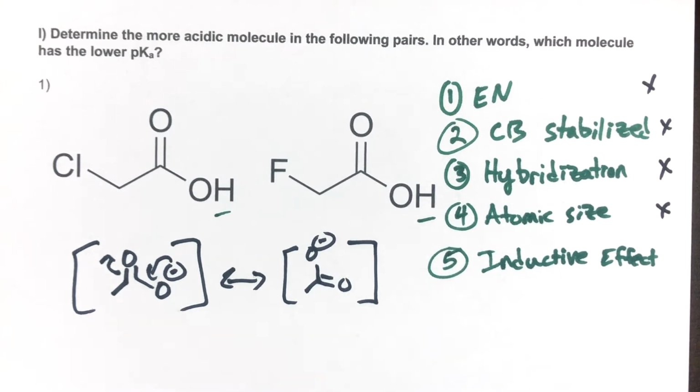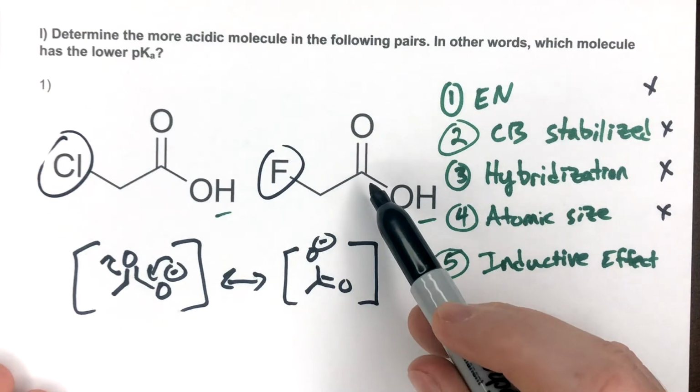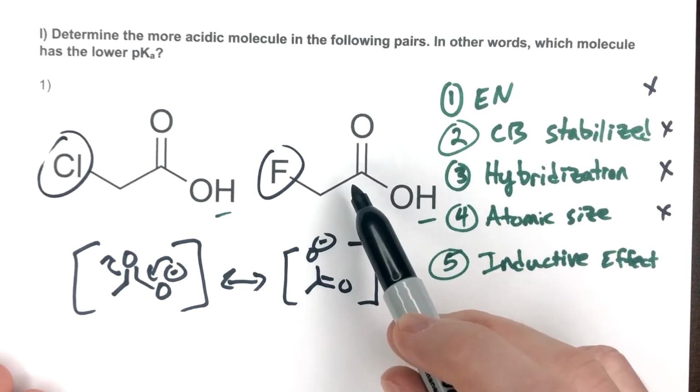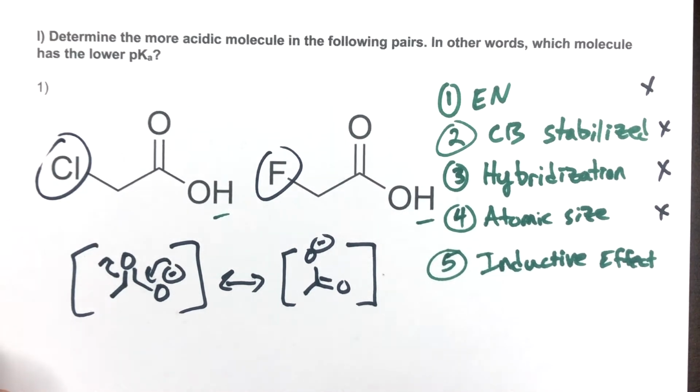So now the only difference is: is there an electronegative atom that's near the proton? And there is. In both cases, there's a fluorine or a chlorine on the carbon that is adjacent to the one bearing the OH. So essentially what you need to do is compare the electronegativity of those two atoms.